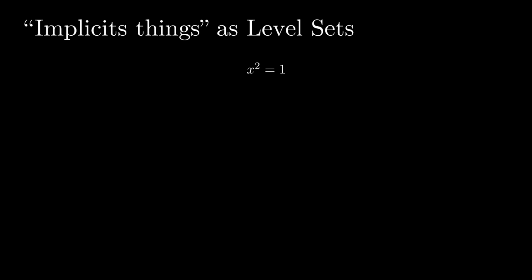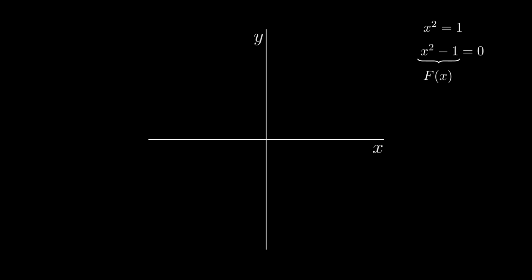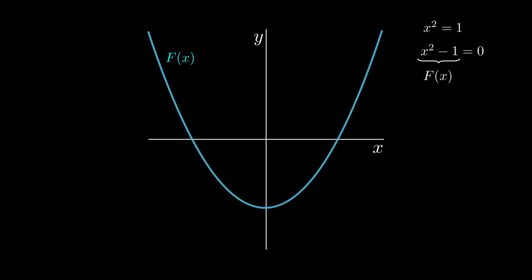If I have the equation from the beginning, we can pass the one to the other side, to the left hand side, and now I can see this as a capital F of x, a function of x. And why is this useful? You may think we haven't made anything, but indeed we have. Because right now, we can plot this function in the 2D plane. This is our function.